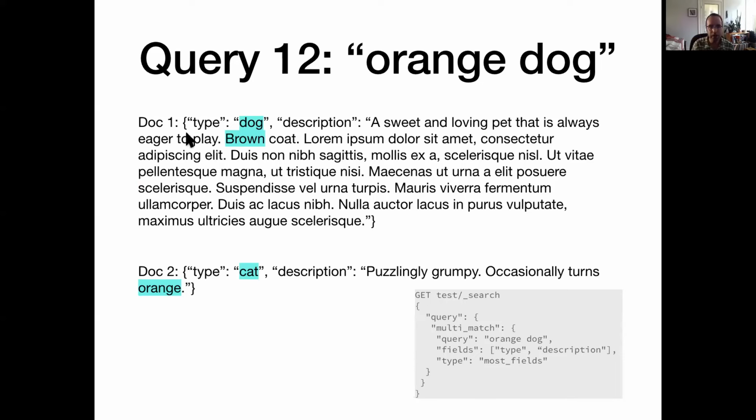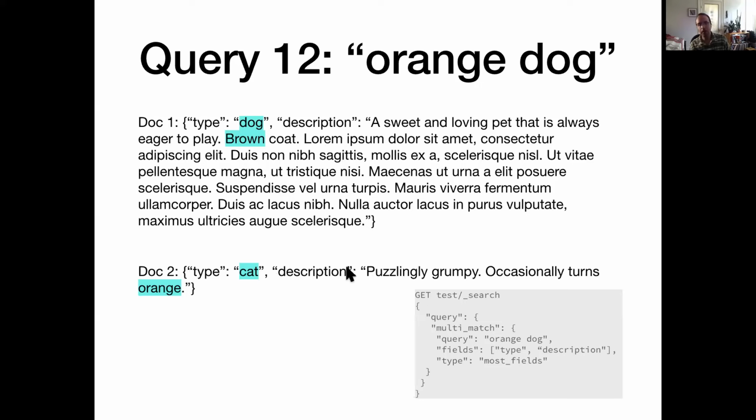I have two fields in these documents, and we're going to be doing a multi-match of type most fields across those 2 fields. One field is the type, which in this case can be a dog or cat. And then there's a description field. In document 1, the description is really, really long, and it contains the term brown, which is not that important here because we're not searching for brown.